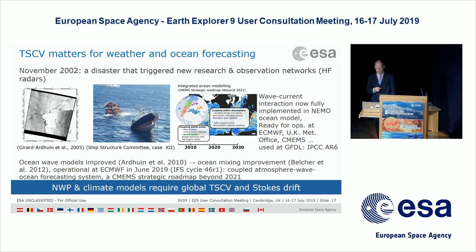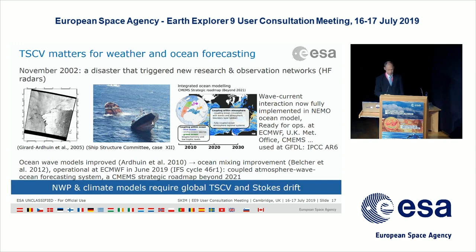And coupling within models for waves, sea ice, and with the atmosphere is now central to the roadmap for the Marine Copernicus service. So these modelling communities all need observations of TSCV, which SKIM would be able to provide, for actually challenging and verifying these model simulations.